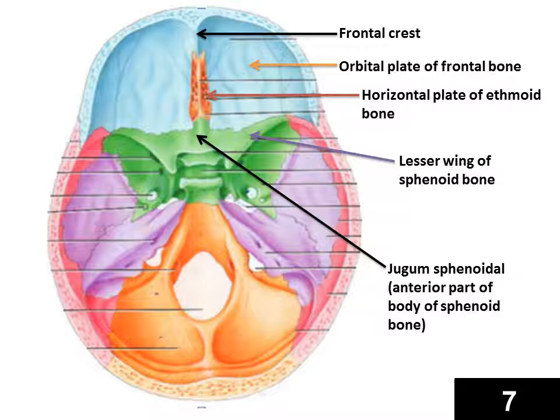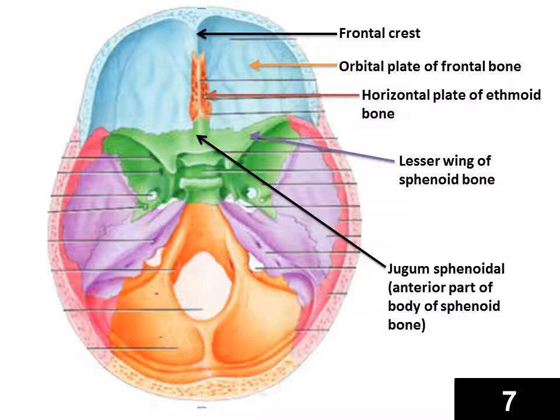Now the foramen cecum is a small pit حفرة صغيرة situated in front of the crista galli between it and the frontal crest. هذه اللي تشوفوها الفرونتال كريست بين الكريستا جالي والفرونتال كريست اكو بيت يسميها foramen cecum. Sometimes it transmits a small vein from nasal mucosa into the superior sagittal sinus.